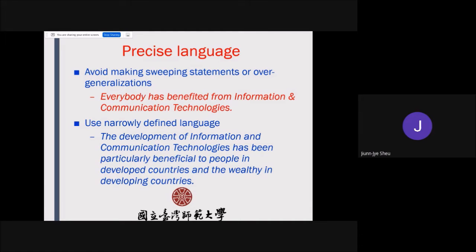Rather than overgeneralize the sentence, like the one in red that says everybody has benefited from information and communication technology. That's too overgeneralized. It's not everybody who benefited from information and communication technology. It's just the ones who can afford technology who got benefits from it. So when you write, you want to be precise when you present your ideas.